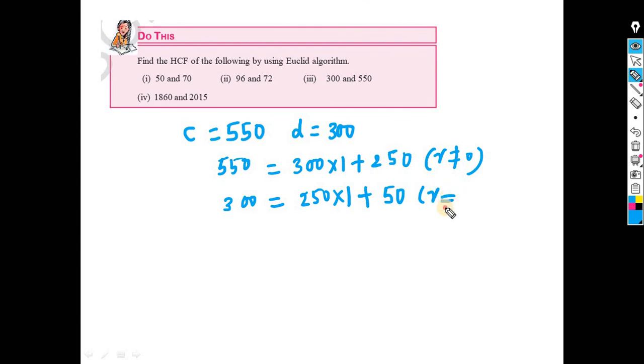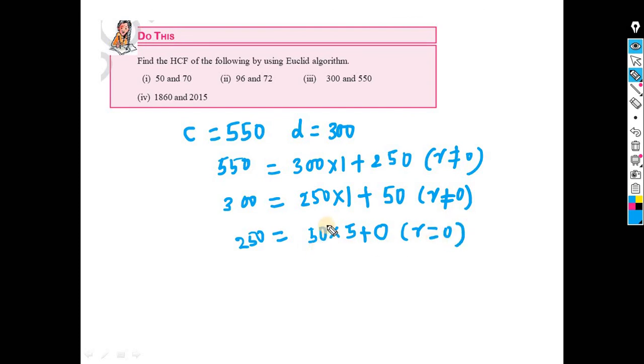Here also R is not equal to 0. Still the remainder is not 0, so again I have to write 250 using the remainder 50. 50 into 5 is 250, plus 0. So your remainder is equal to 0.